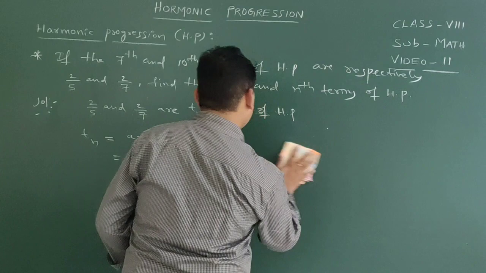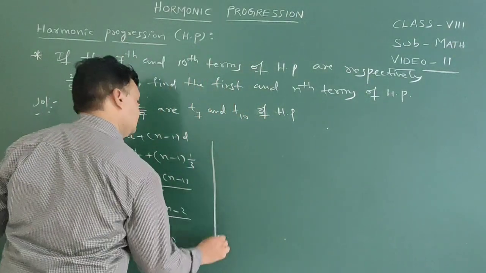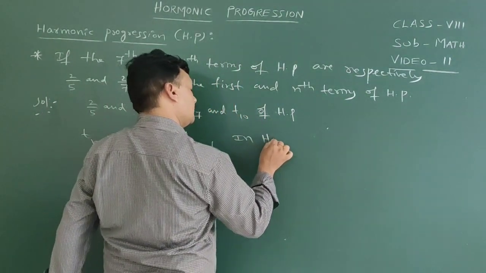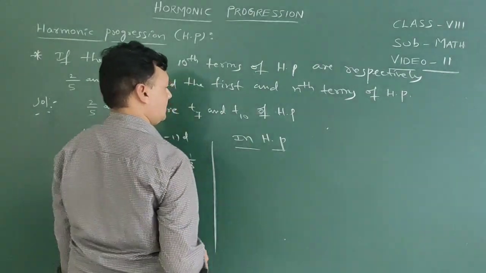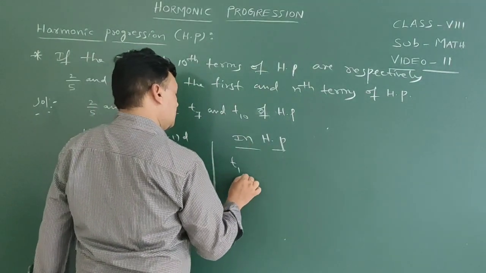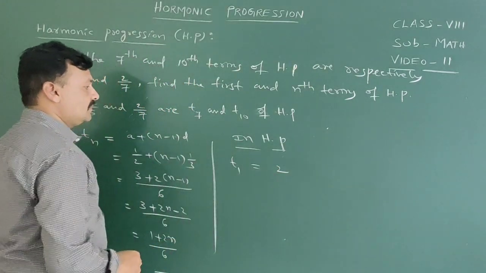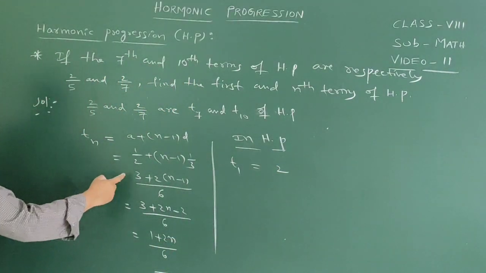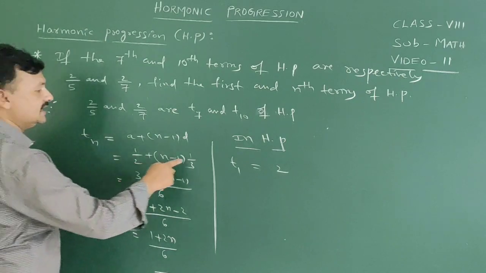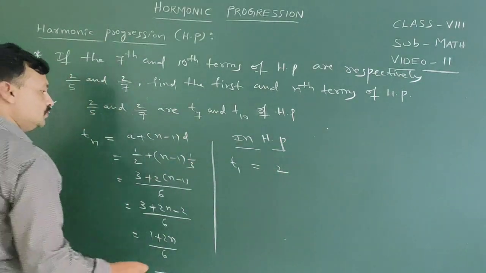Now in the HP, T1, the first term, is 2. In the AP we got the A value as 1 by 2, that's why in the HP the first term is 2.